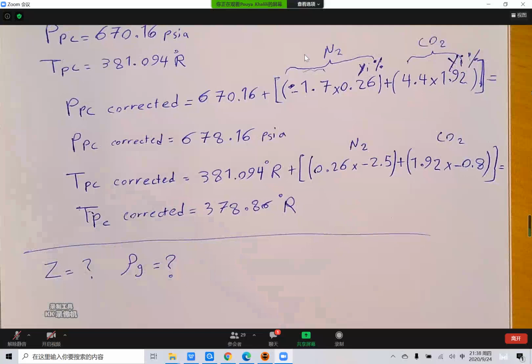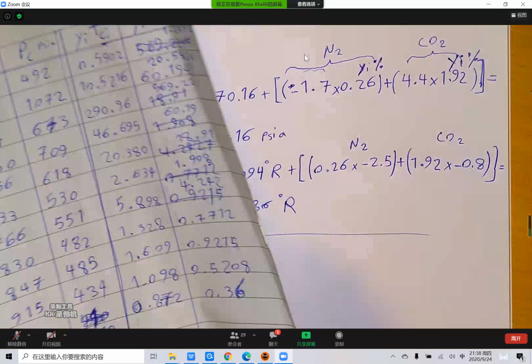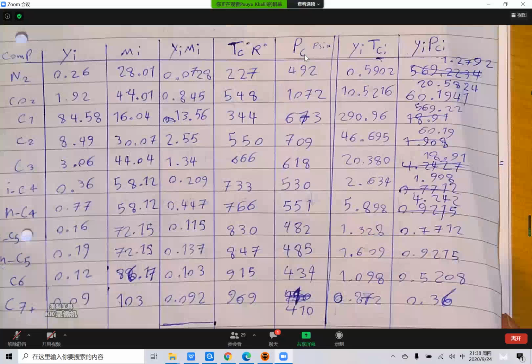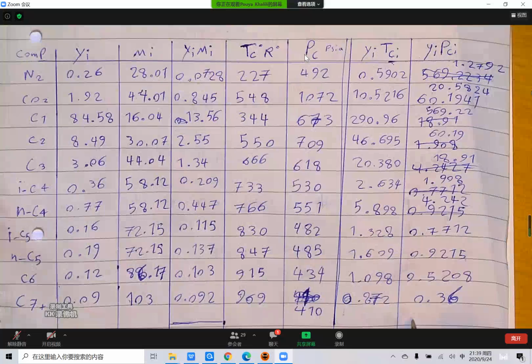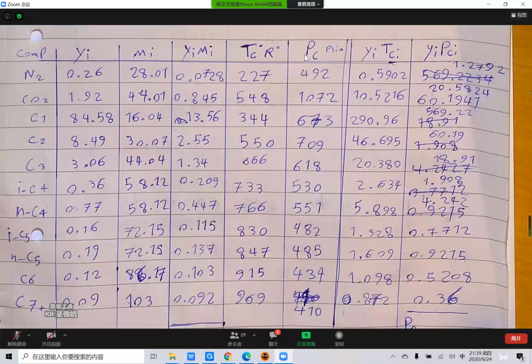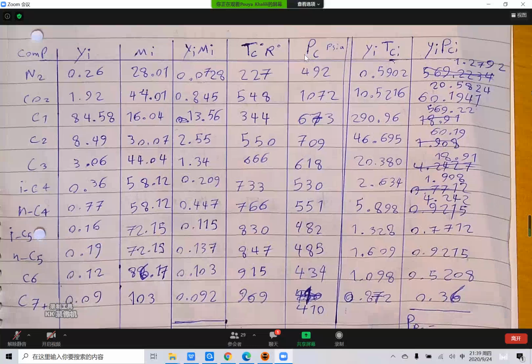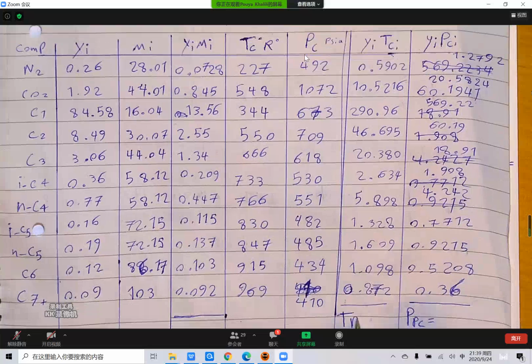Again, let me show you the table here. The sum of this column gives us the pseudo-critical pressure, and the sum of this column gives us the pseudo-critical temperature. We need those data to find the compressibility factor.